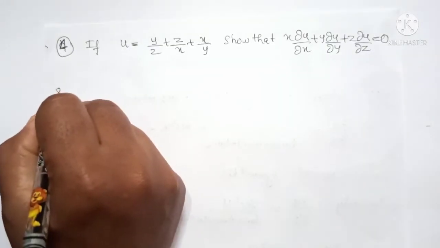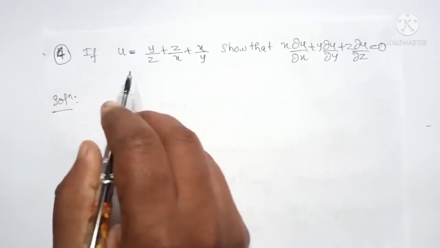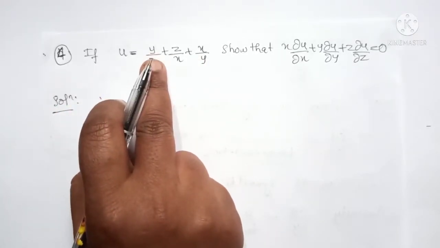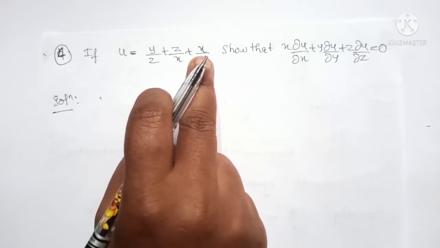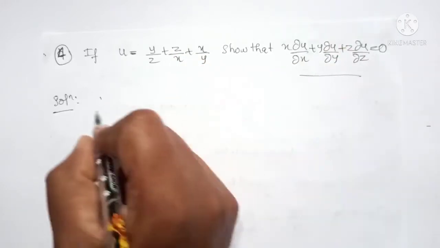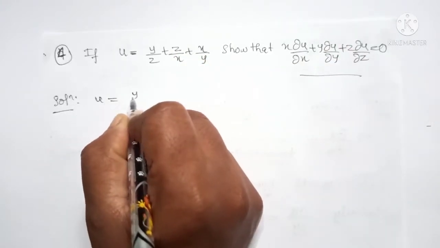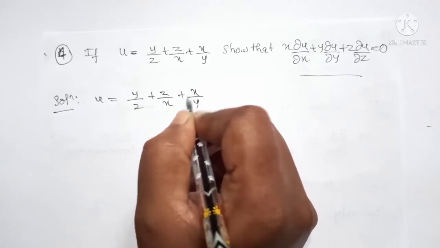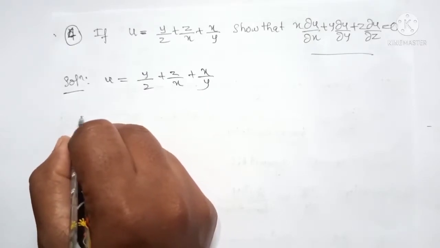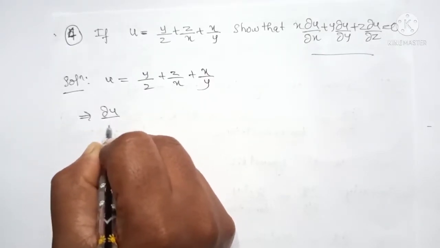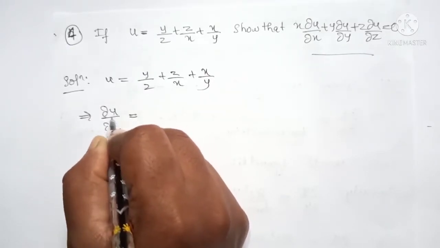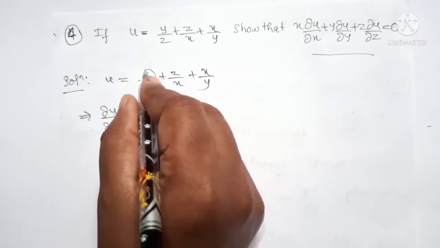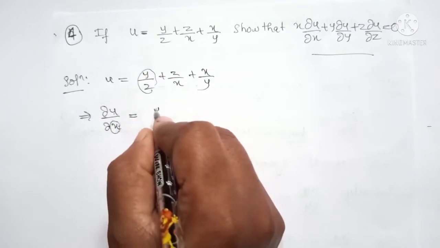Fourth one. The question is like this: u is equal to y by z plus z by x plus x by y. We have to show this one. Again it is a symmetric function. Okay. So differentiating partially with respect to x, we get ∂u/∂x equal to: y by z is constant, so its differentiation is 0.